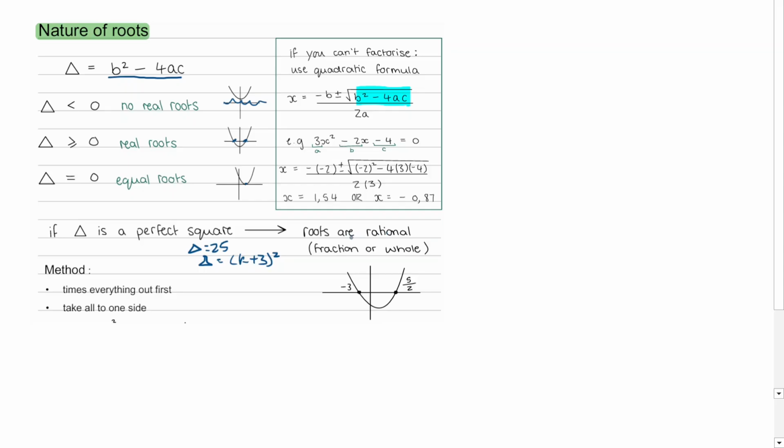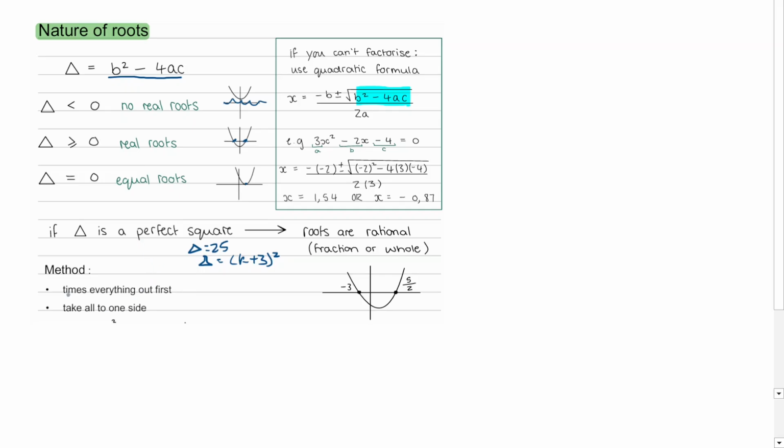Obviously, it could be that you have roots that are real and rational, because, for example, 25 is bigger than 0, so it's real, but it also does happen to be a perfect square, so it's rational. And you could go further to that and say the roots are unequal. And so that's how the pictures link up with the working out the discriminant and describing the nature of roots.